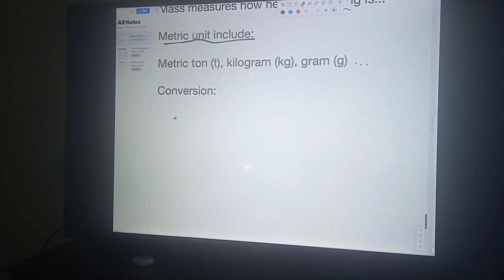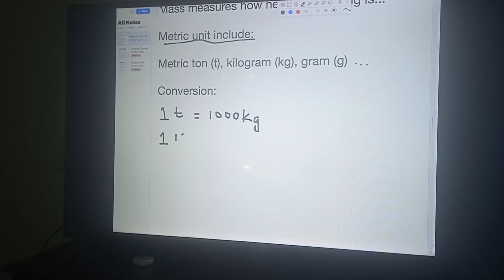Conversion. You can convert 1 ton, this metric ton, to kg. So 1 metric ton is equal to 1000 kilogram. Kg can be further converted into gram.